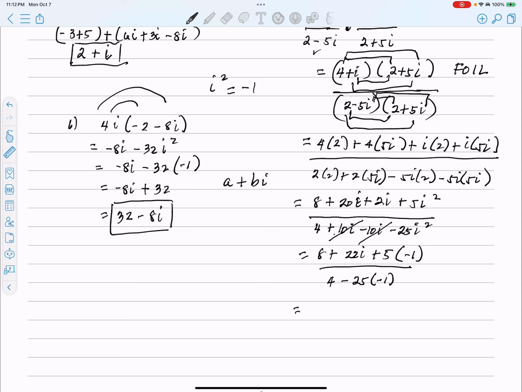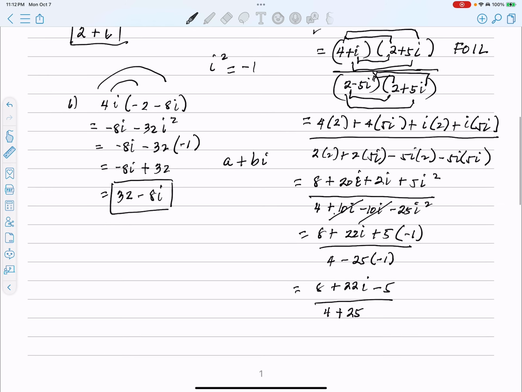Alright, so let's combine 8 plus 22i, 5 times negative 1, that's negative 5, over 4, negative 25 times negative 1, that's positive 25. 8 minus 5, that's 3.